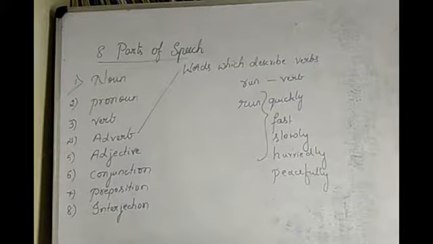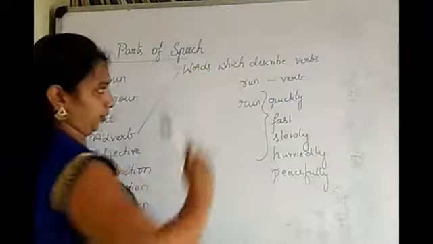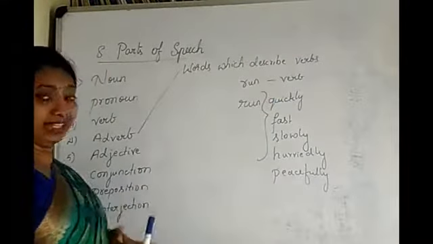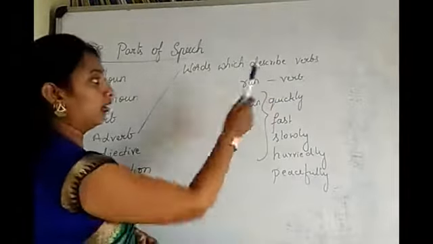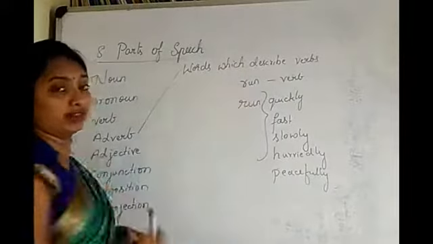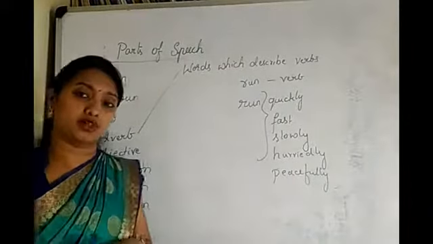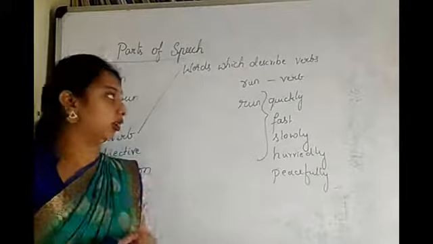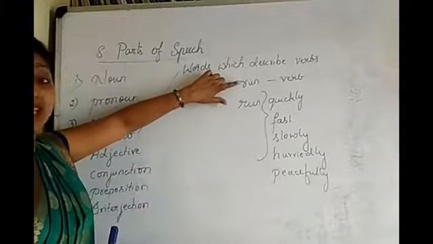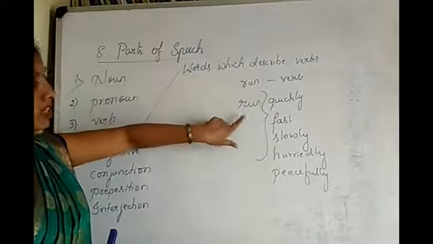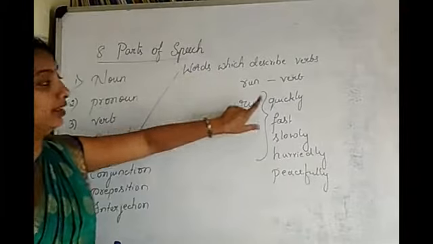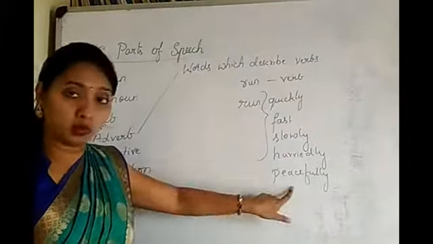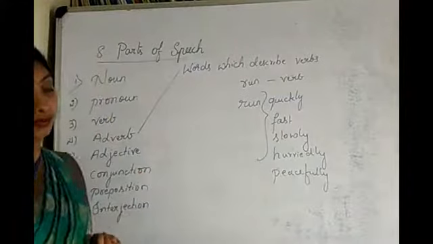Adverbs means words which describe verbs. I gave an example already for a verb. Here I have given an example as run. Run means it is an action word. We run. So it's an action word. Now if I describe this action word, means if I describe this run, then these describing words are called adverbs.